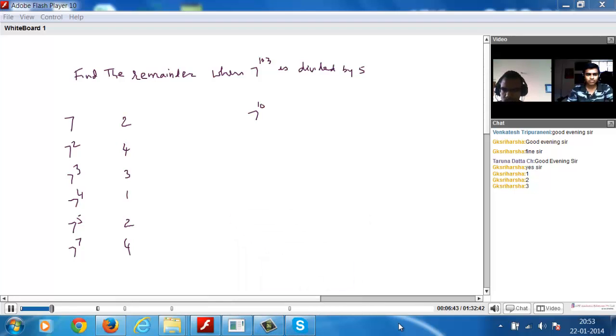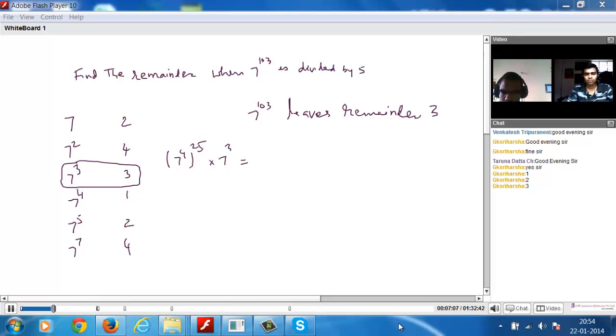Question is the remainder. Sorry, you are dividing by 5. Yes, 2. So what about 7 power 7? 4 again. Right, so this pattern is continuing. So in this list, 7 power 103 leaves remainder 3, right?